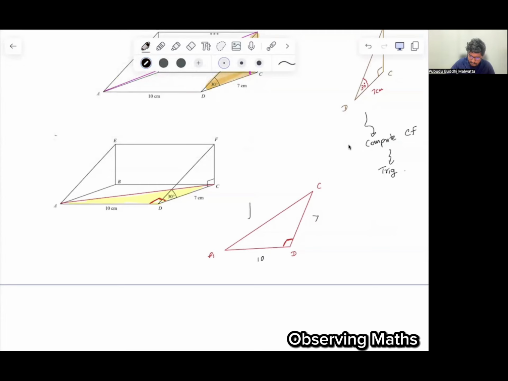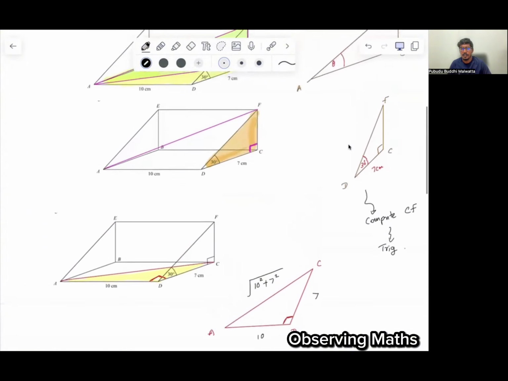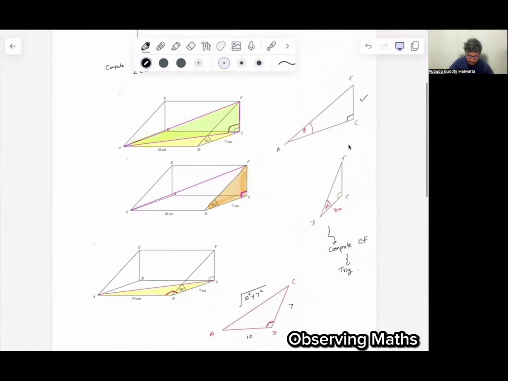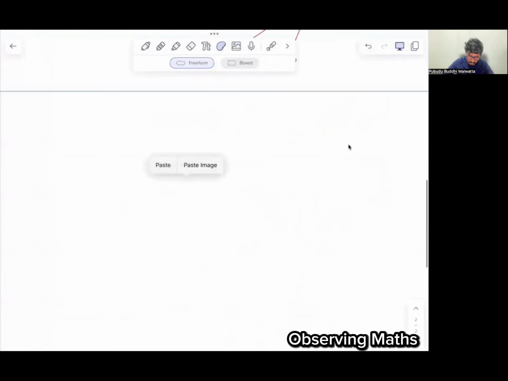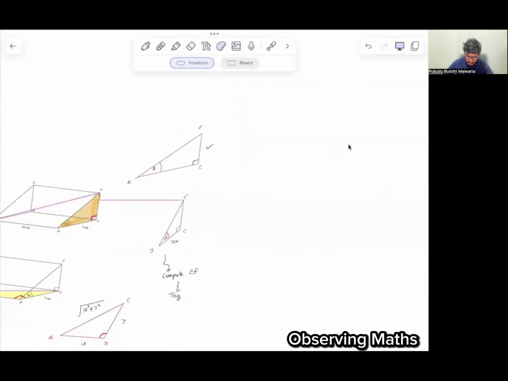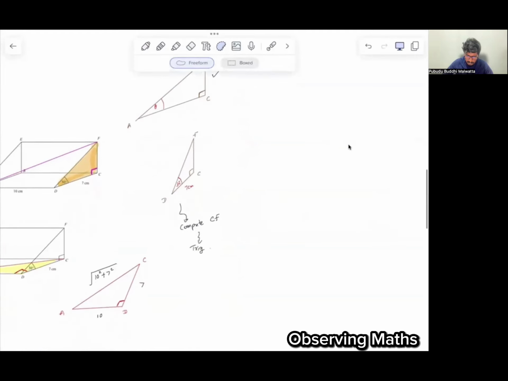AC is, using the Pythagorean theorem, this is AC. And compute CF using trigonometry here.